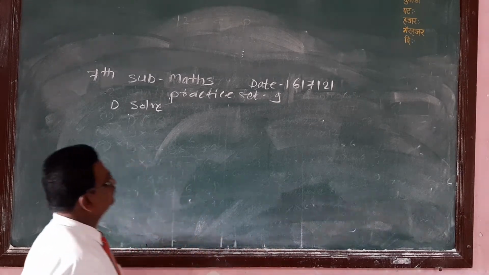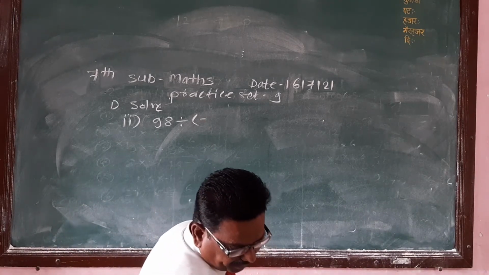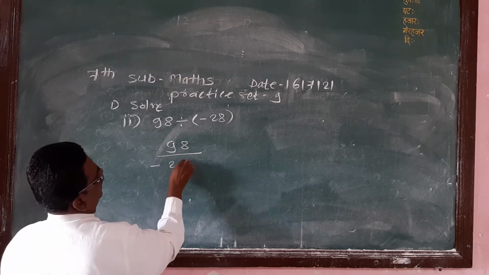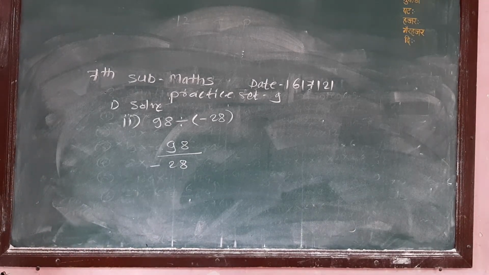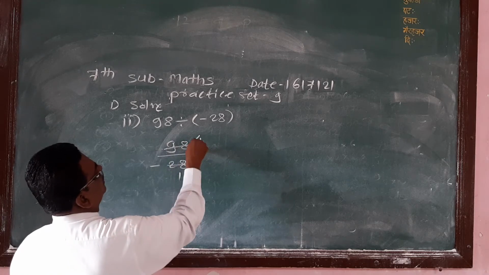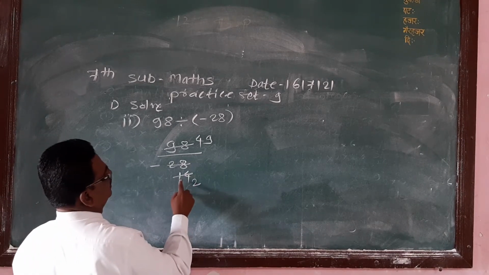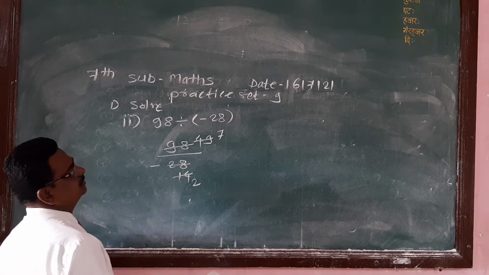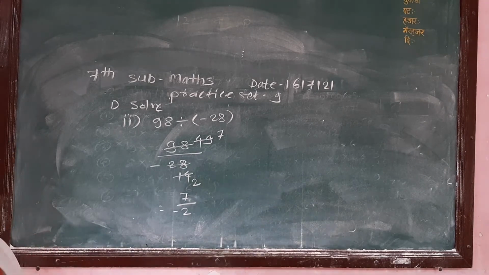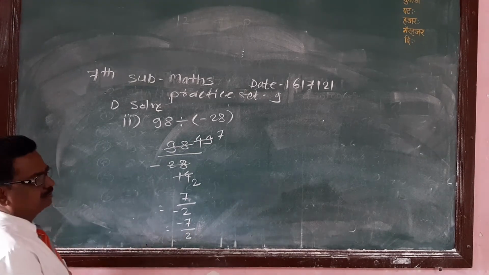98 divided by minus 28. Okay, 98 divided by minus 28. 2 ones are 2, 2 sevens are 14, 2 fours are 8, 2 sevens are 14, 2 nines are 18, 7 twos are 14, 7 sevens are 49, which is equal to 7 upon minus 2, is equal to minus 7 upon 2.